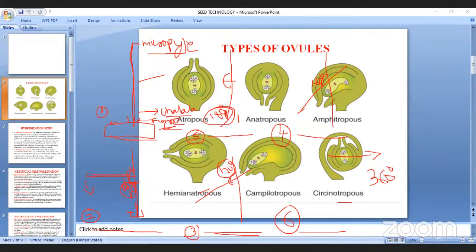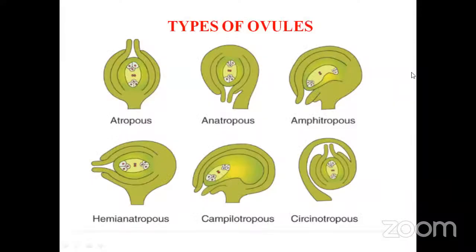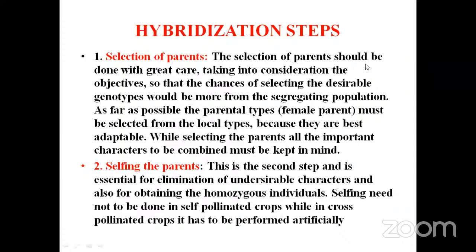So first, what is hybridization? How are hybrids formed? Hybridization is when we cross between two genetically dissimilar parents. So now the hybrid forms. This process is called hybridization. Are you able to see the slide? Hybridization steps.